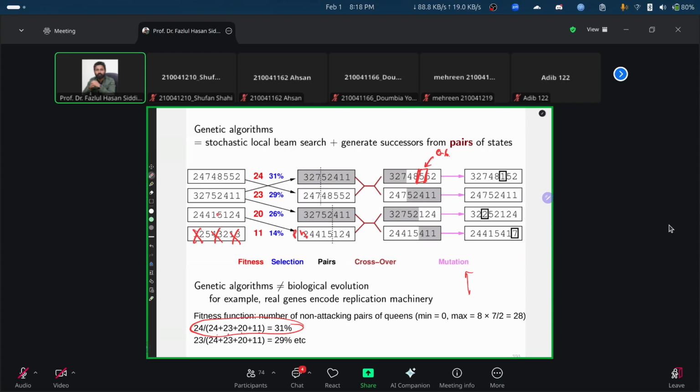So this queen number 6, the value of queen number 6, or in the genetic term, the allele of gene 6, is 5. And that queen is very much responsible for too many conflicts. I mean, it is the main criminal. This queen is creating so many conflicts.